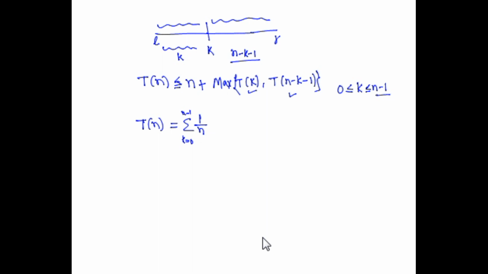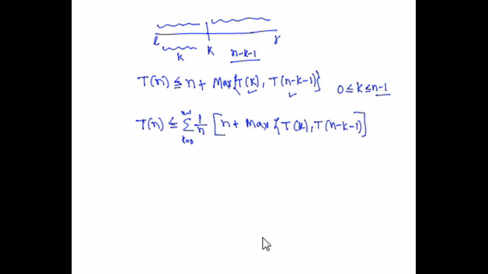If the partition actually happens at k, then the number of comparisons done by the algorithm will be at most n plus the maximum of T of k comma T of n minus k minus 1.